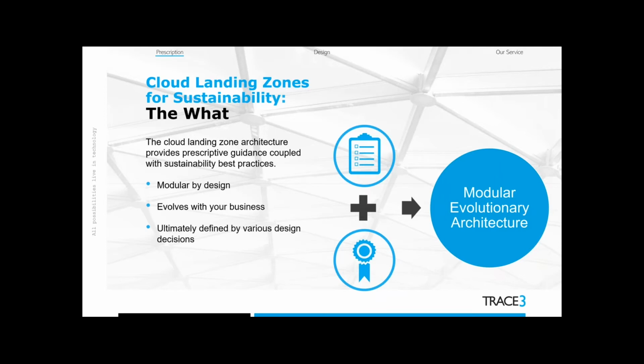So ultimately, we want to make sure it's modular and very flexible depending on the type of workload being run within the landing zone itself, but also that it evolves with your business. As you grow and as your cloud footprint grows, your sustainability goals are going to grow and evolve with the cloud design itself.